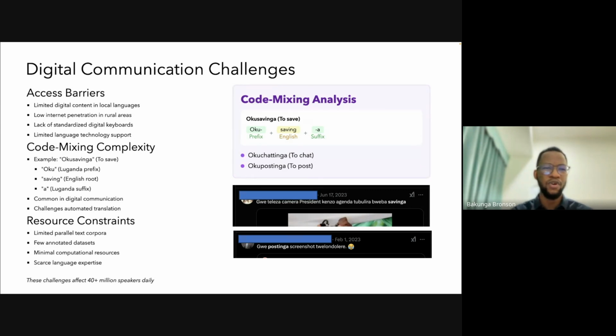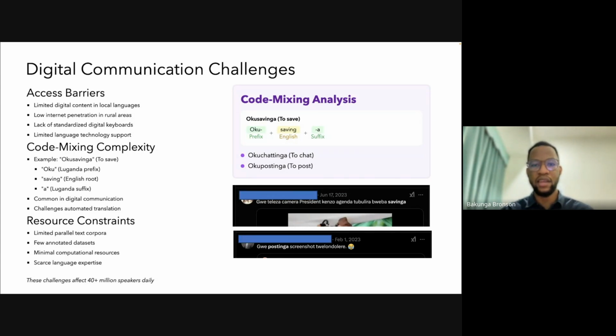And so if we're going to look at one example of, for example, Uganda, it's very interesting because you can see from the example shown on the right-hand side that if I wanted to have code mixing in Uganda, and this happens very frequently actually, if you look at Uganda social media in general, I've given you some examples from X that I pulled today.